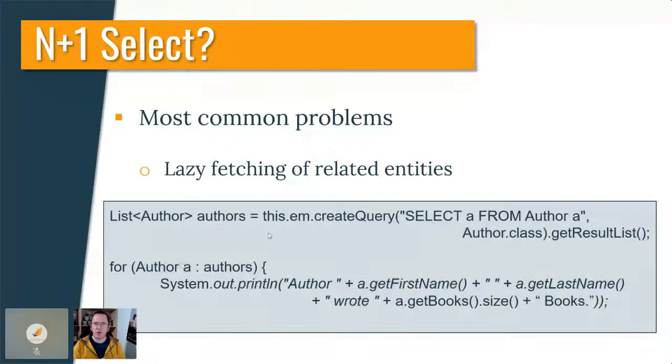So this forces Hibernate to initialize the lazily fetched books association, which means Hibernate needs to trigger a query. And it does that for each author. And that is often the reason why we see applications that execute thousands of queries for just one use case.